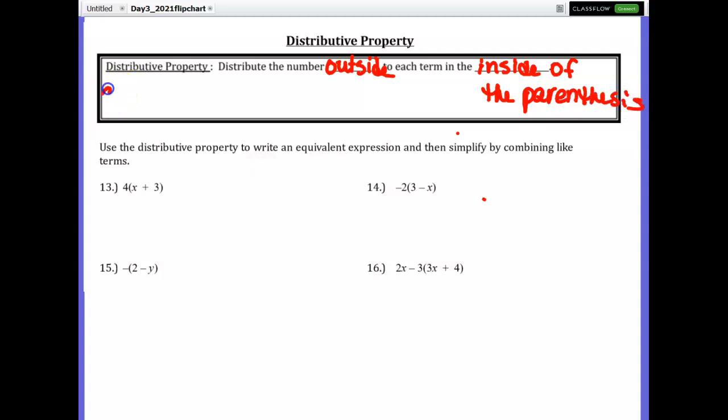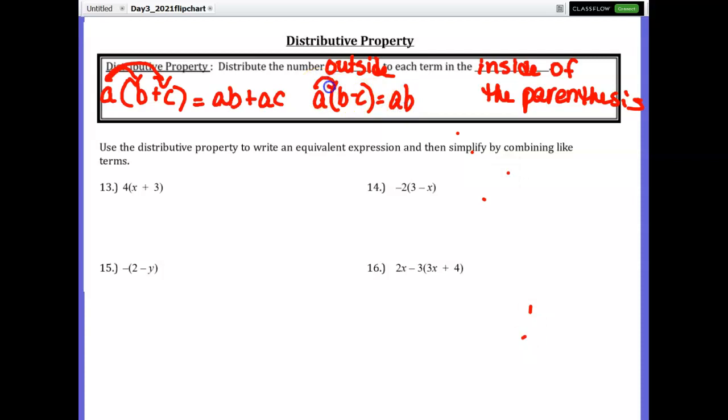So for example, if I had a times b plus c, that's the same as taking my a times my b and multiplying it and adding with a times c. Okay, or if I had a times b minus c, all right, instead I would have a times b minus a times c. Okay. All right, so we're going to use this distributive property, which you've learned about in the past, and we're going to write equivalent expressions, and then we're going to simplify.